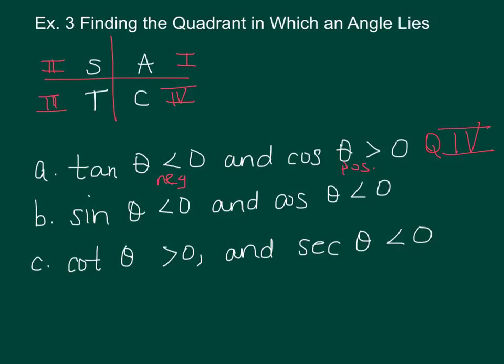And the only quadrant that would fit that would be quadrant 3. And C, cotangent of theta, remember that goes with tangent, is positive. And secant of theta, which remember is cosine's reciprocal, is smaller than 0. Well, that would also be quadrant 3.